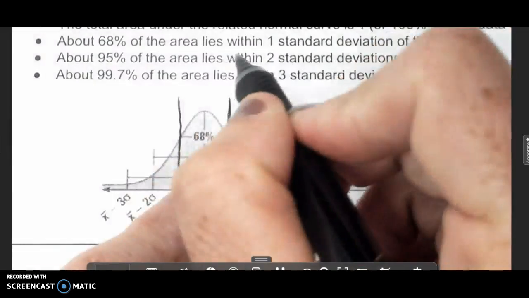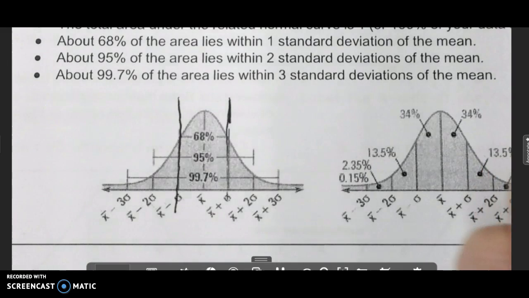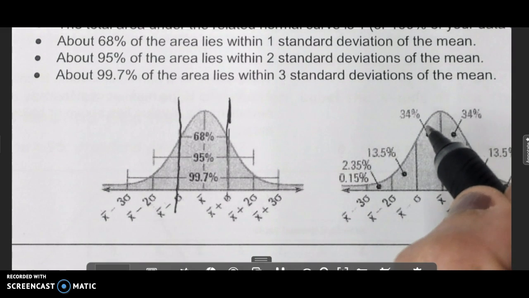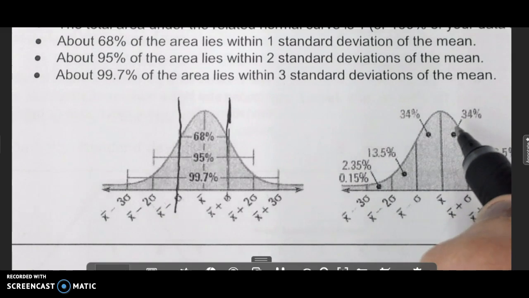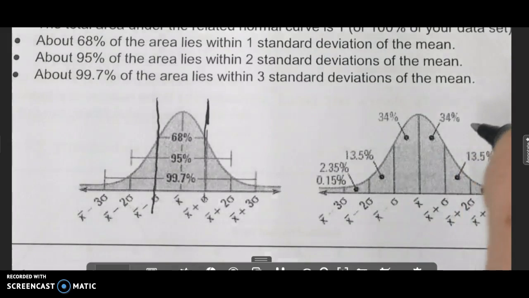So each of these sections, what's 68 divided by 2? 34. So you'll have 34% right above and 34% right below the average.